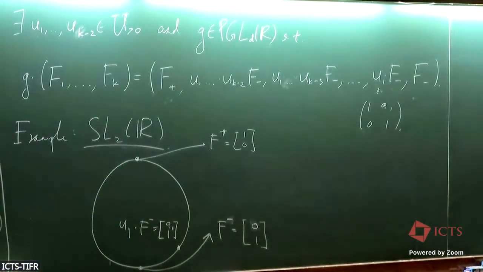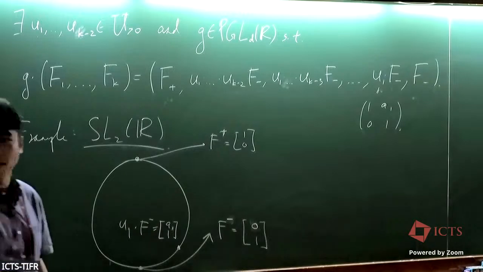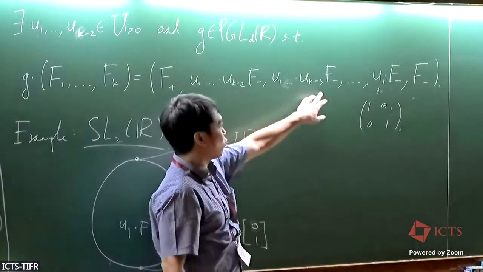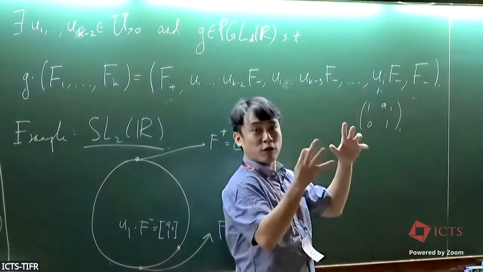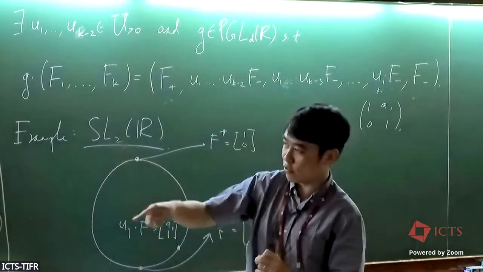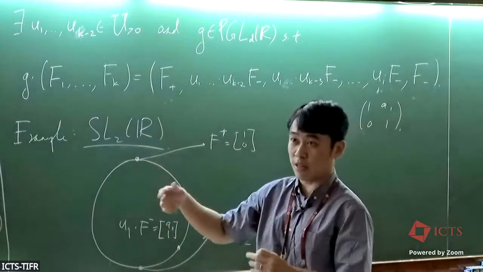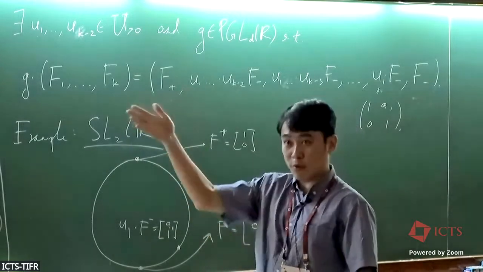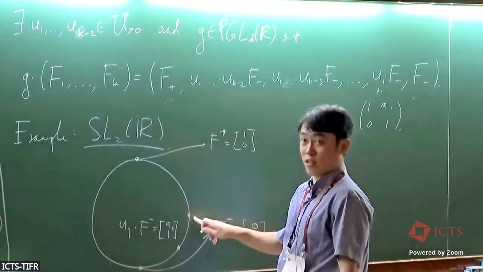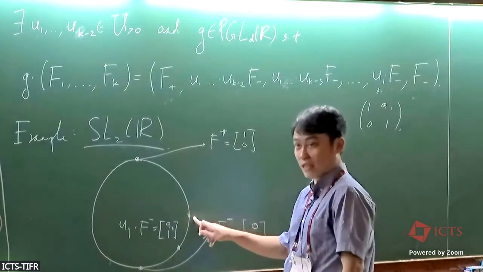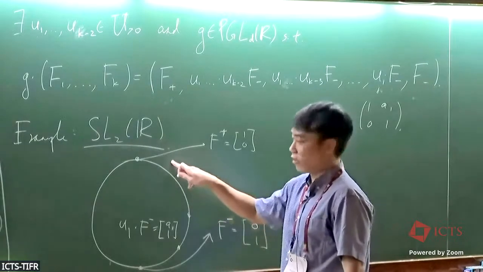Everyone follow so far? Then the next element is U1 U2 times F minus. But what is U1 U2? If U1 is (1 a1; 0 1) and U2 is (1 a2; 0 1), the product of those two is (1 a1+a2; 0 1). So the next point is further up here. There's U1 U2 times F minus, and you keep going, and you get here.